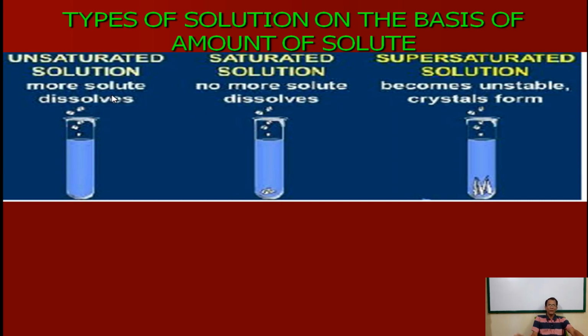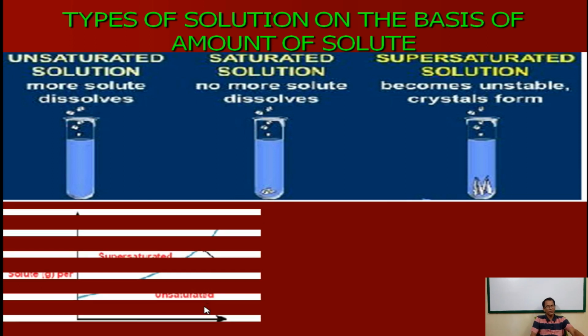So if a less amount of solute is present, that is called unsaturated, and if as per the solvent the exact amount of solute is added, that is called a saturated solution, where no more solute can be dissolved. But supersaturated means that when the same saturated solution, where solute is not dissolving, is heated, it is converted to supersaturated, so that more solute can be dissolved.